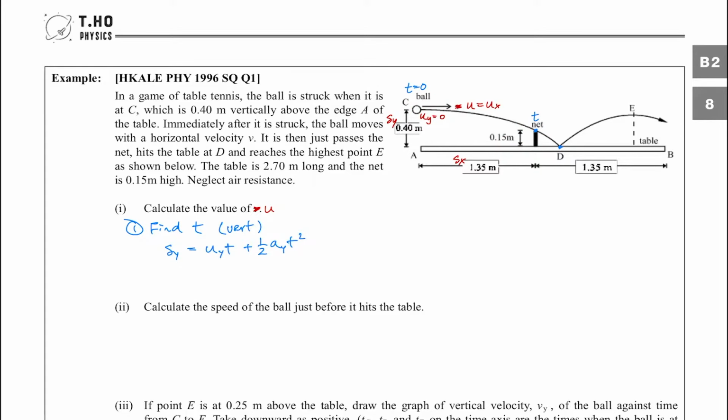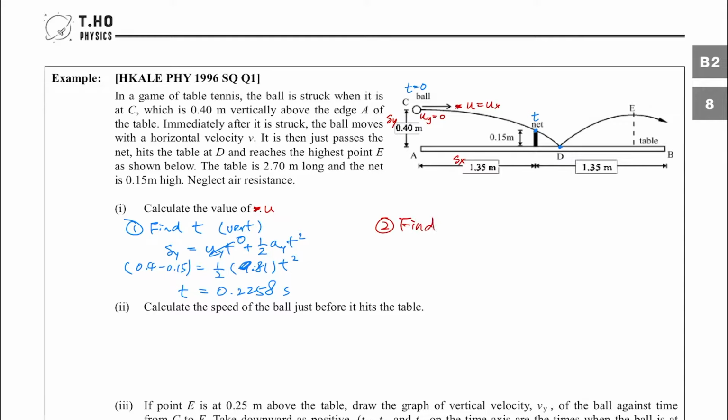So we have to put down 0.4 minus 0.15 equals uyt, and uy is 0, so we don't need to care about this term, plus half times 9.81 times t squared. Solving this equation, we have t is equal to 0.2258 seconds.